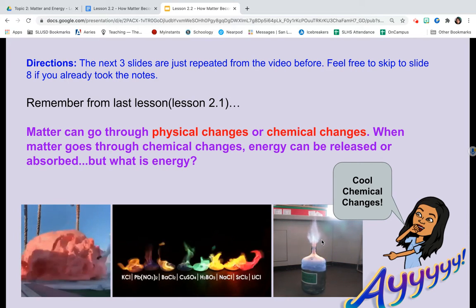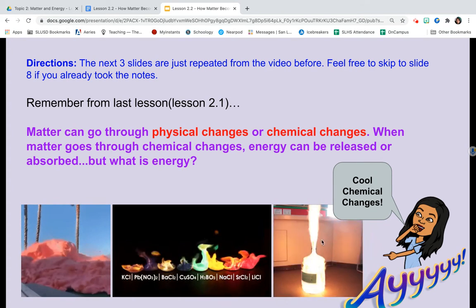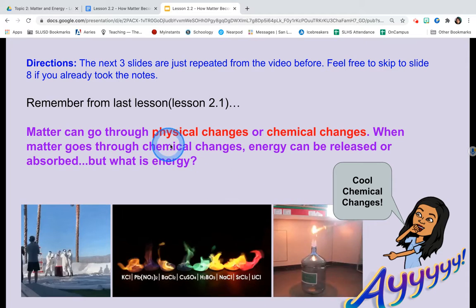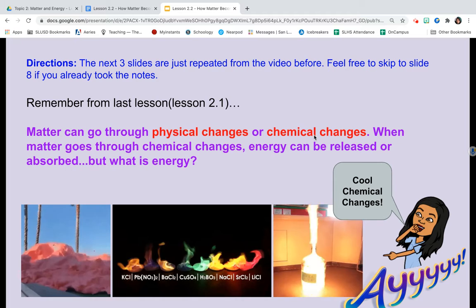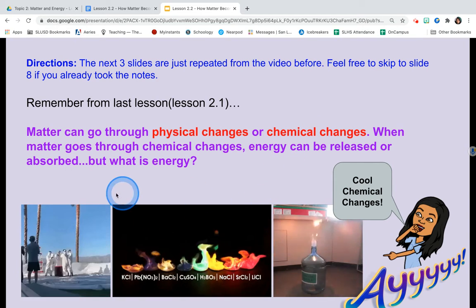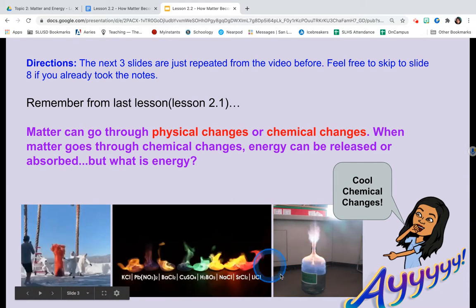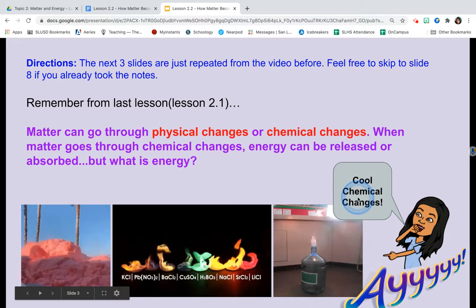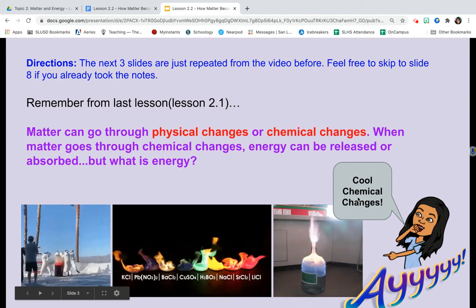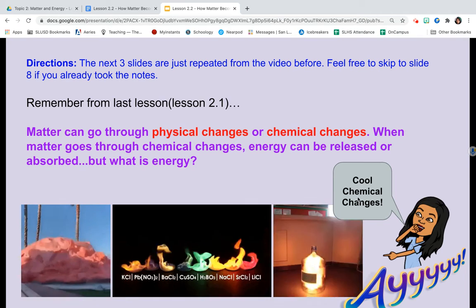Okay, so in lesson 2.1, we talked about chemical or physical changes, right? Matter can basically change. And specifically, we care about matter changing into new matter because when matter changes into new matter, energy can be released or absorbed, right?